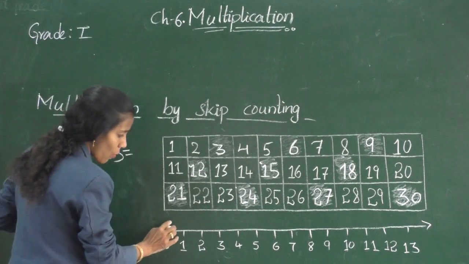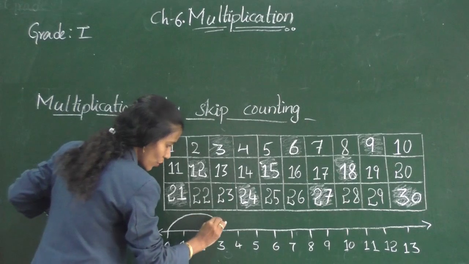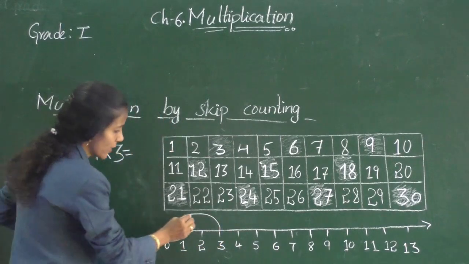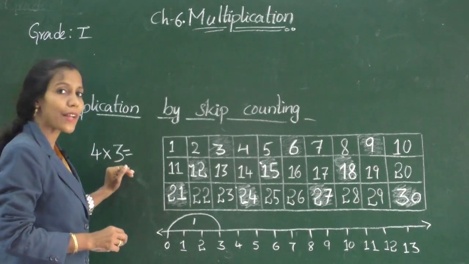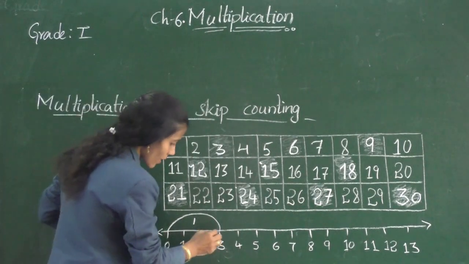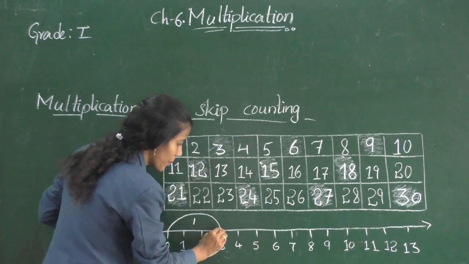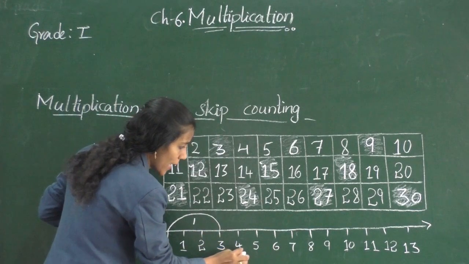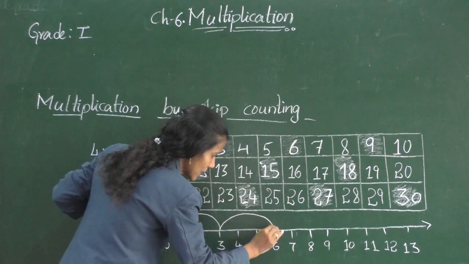So from here 1, 2, 3. So from 0 we go to 3. 1 jump. You have to do 4 jumps for every third number. So 1, 2, 3. 1 jump over. Next 1, 2, 3. So the next number would be 6.